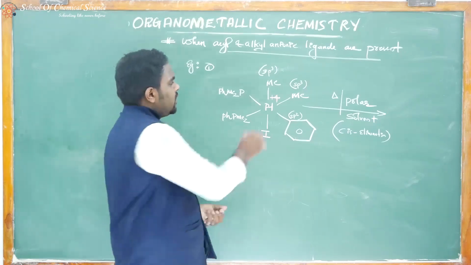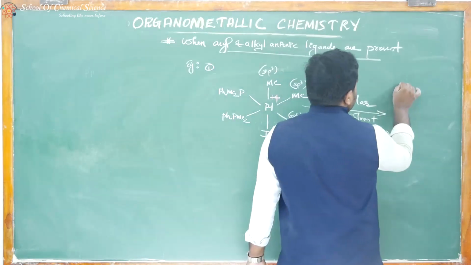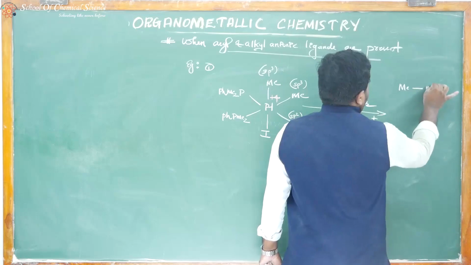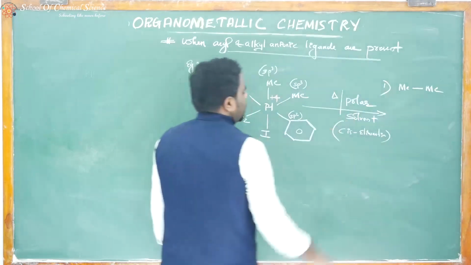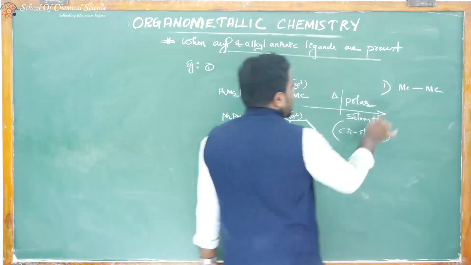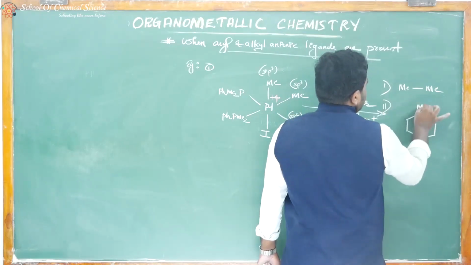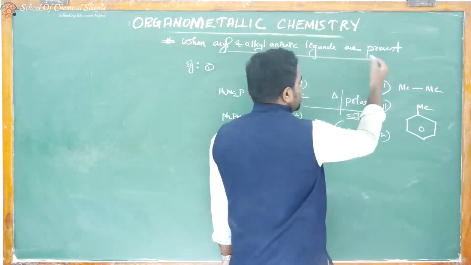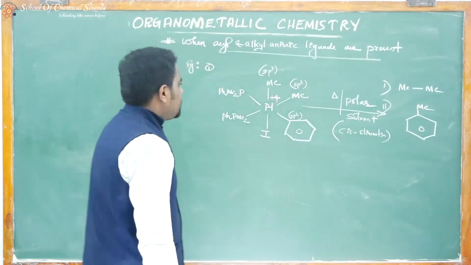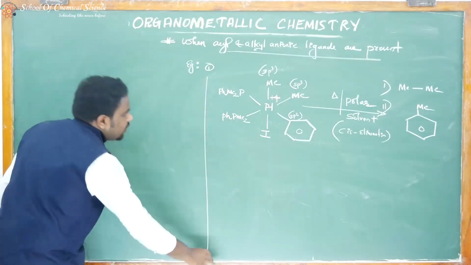What are the possible products? These two CH3 can be eliminated as ethane, the first possible product. Then aryl and Me can be eliminated as toluene, your second possible product. Then my question, which one will be your major product? That is our next rule.